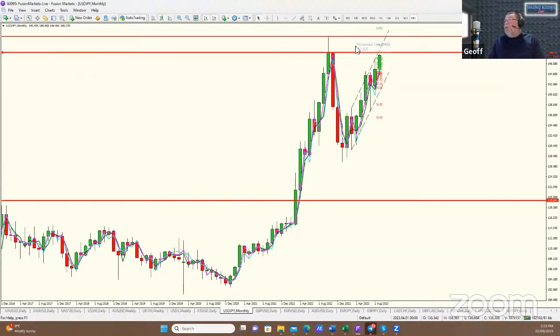One there, one there, and we're nearly to this one. Maybe it gets there today. Yeah. And then tomorrow, maybe. But that's entirely dependent on the BOJ going to zero.